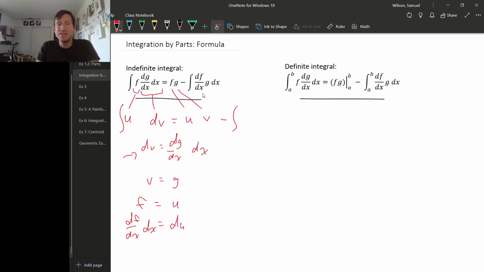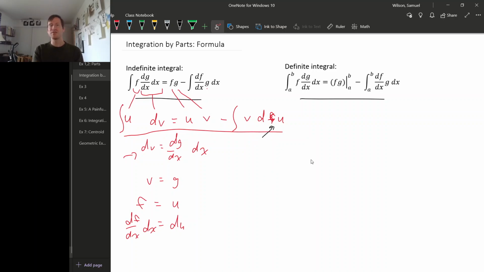And so this df dx times dx is df. And g, of course, is v. I'm sorry, not df, du. There we go. So this is a more typical way of writing integration by parts. Integral of u dv is u times v minus integral of v du. You can see integration by parts has the effect of moving the d to the other piece.